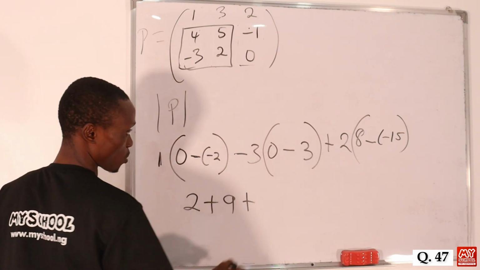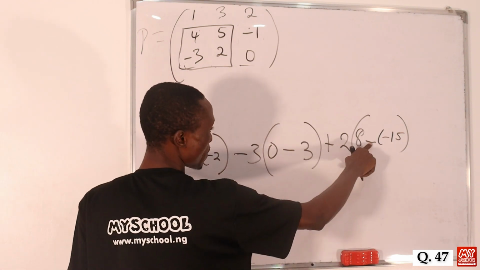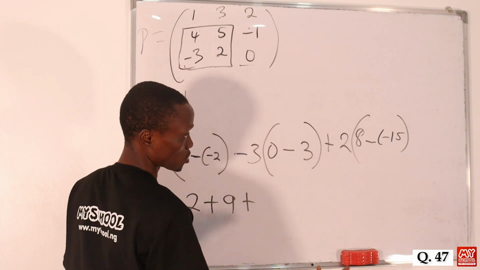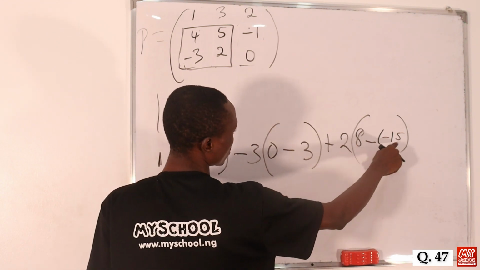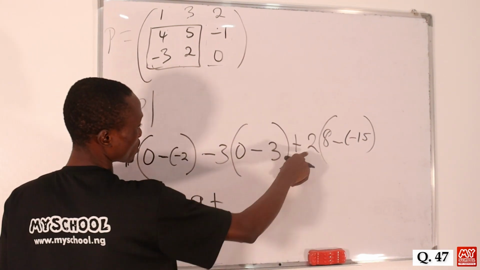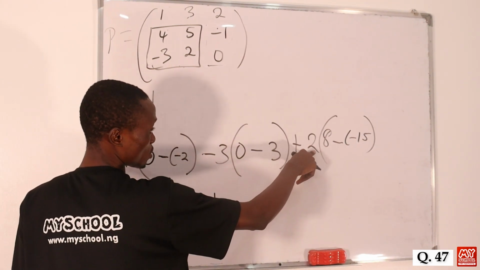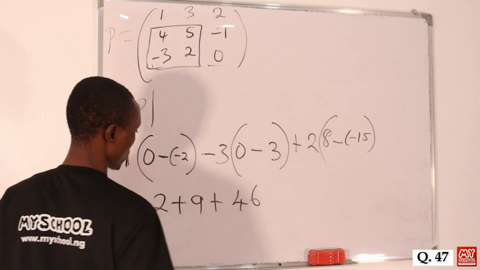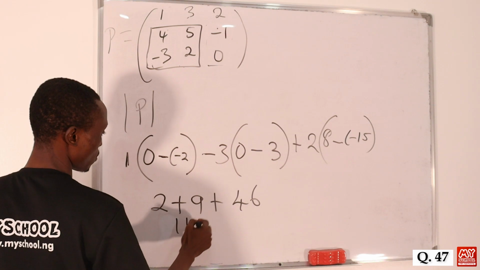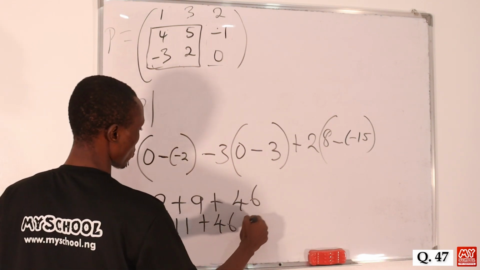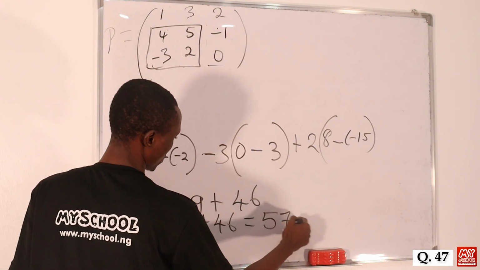Then here we have our plus. So here minus and minus is going to give us plus. So 8 plus 15 is going to give us 23. So 23 times 2 is going to give us 46. So here we have 46. If we add this, we'll have 11 plus 46, that will be equal to 57.